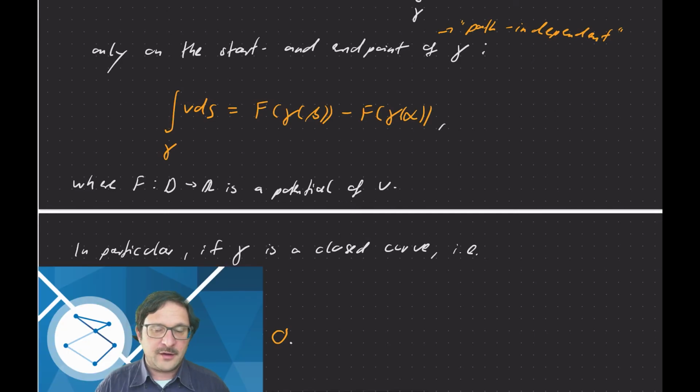Okay, that kind of justifies the name for these vector fields, conservative. Basically what that means is that if you're moving through that field along any curve and get back to where you started, then you have not gained or lost any energy. Your energy state at that point is the same as when you started.